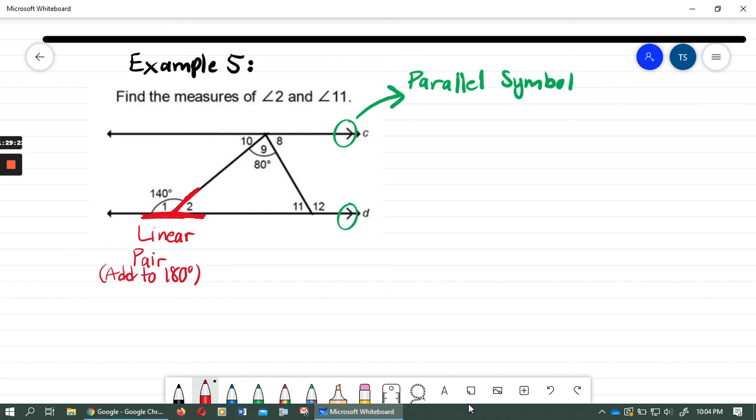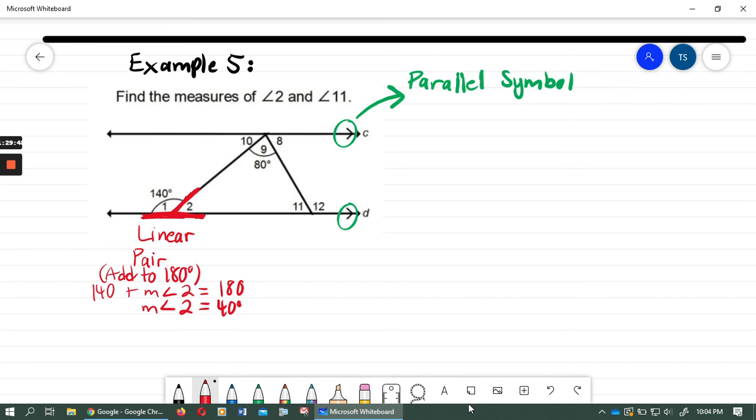Okay, where are we? They add to 180. All right, so if they add to 180, then we know how to find what the other angle is. 140 plus the measure of angle 2 equals 180, which means that the measure of angle 2 has to be 40 degrees, right? So that's one of our answers already done, over with, right?